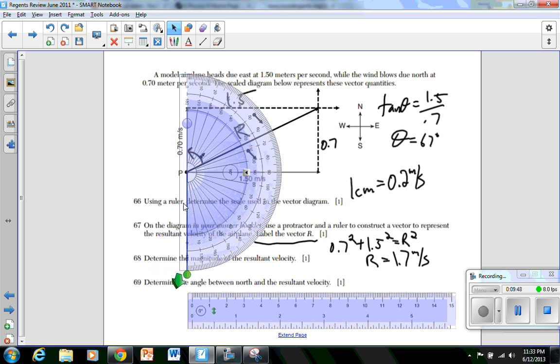There we go. So there's 60 and it's just between 65 and 66. So 66 degrees, you have a 2-degree margin of error, so somewhere between 65 and 67 will get you your point for that question number 69.